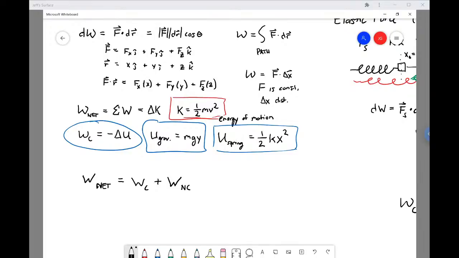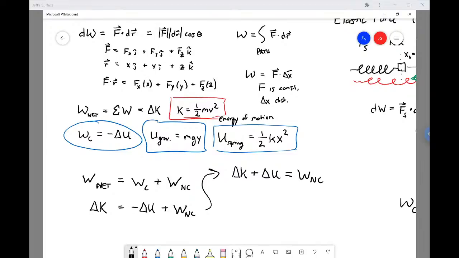From the very first day, we saw that the total amount of work done is change in kinetic energy, so I can put delta K on that side. The work done by conservative forces is a negative change in potential energy, so I can put that in there. And then I get W NC. Now let's move all the energy terms to the left-hand side, and we get change in kinetic plus change in potential equals the work done by non-conservative forces.